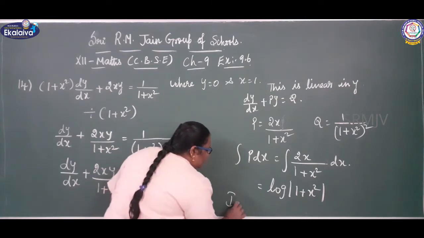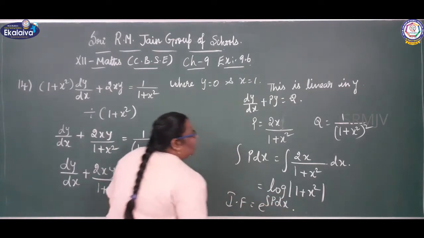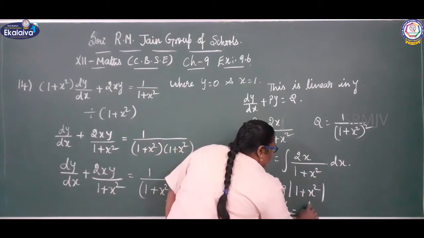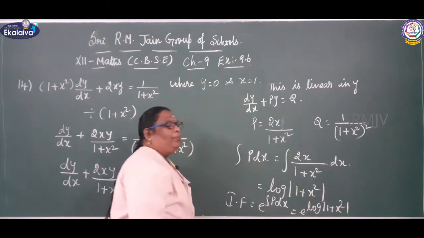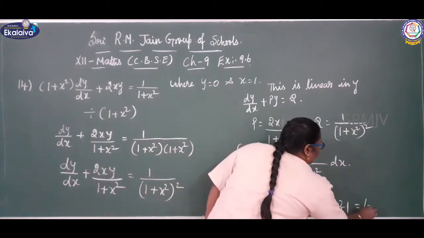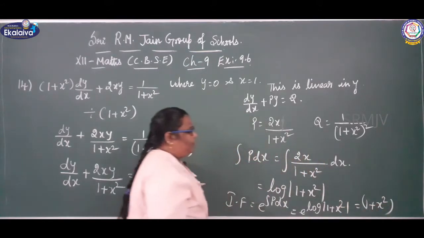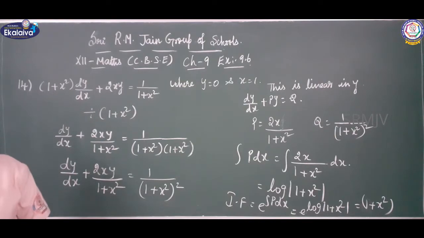Next, what is the integrating factor? E power integral pdx equal to e power log of modulus of 1 plus x square. E power log of a value is that value itself. So the integrating factor value is 1 plus x square.